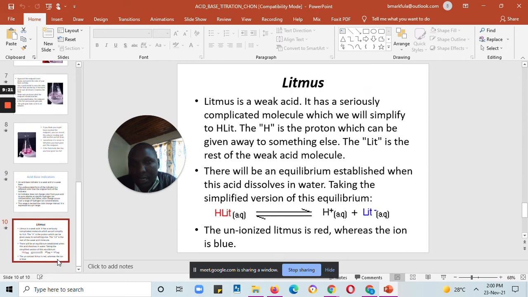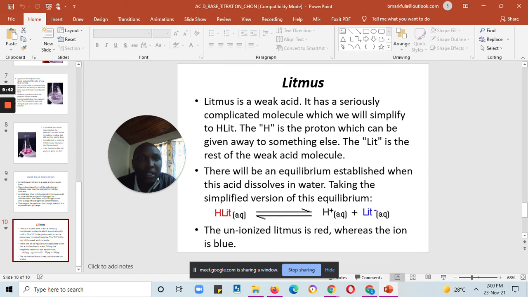So to this last slide, we also have litmus. Remember, we have litmus paper, we have litmus solution, and in this case litmus is a weak acid. It has a seriously complicated molecule which we simplify to HLit.